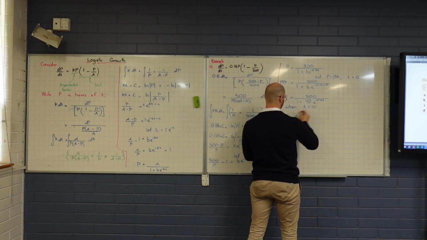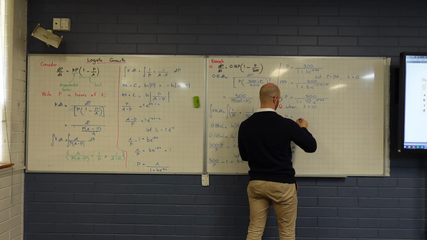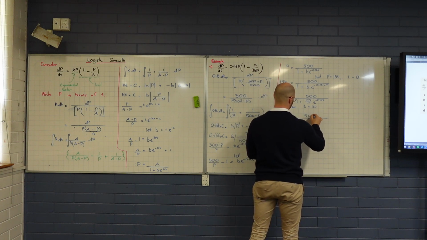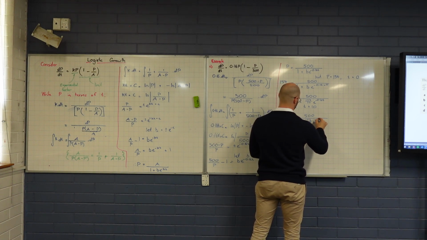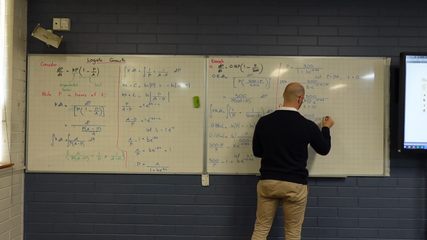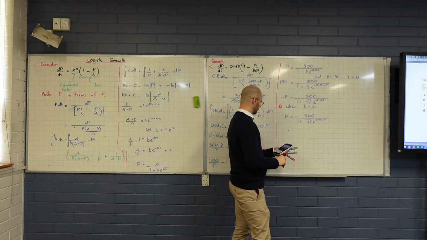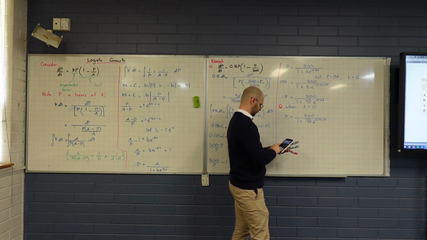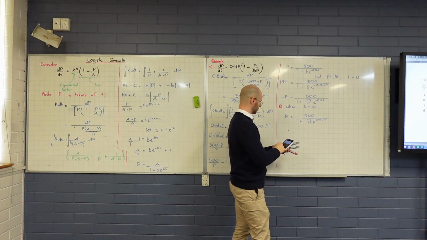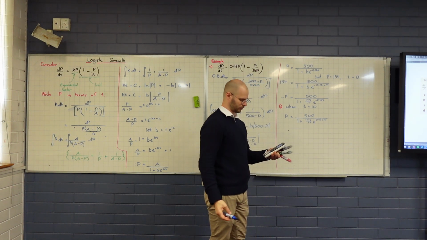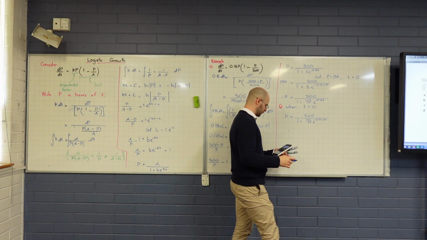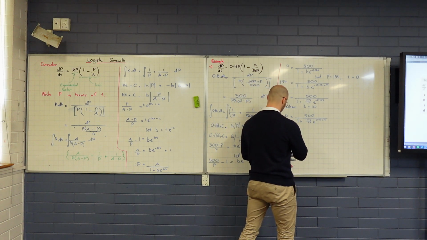When t equals 10, then your population is going to be... Answer? 344.